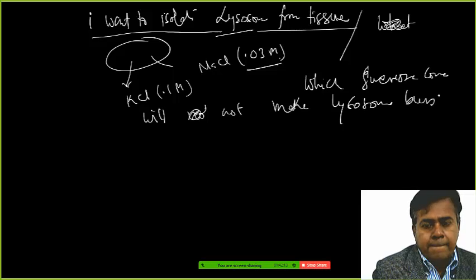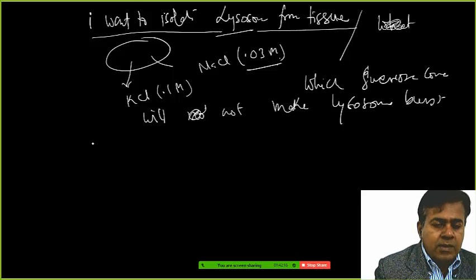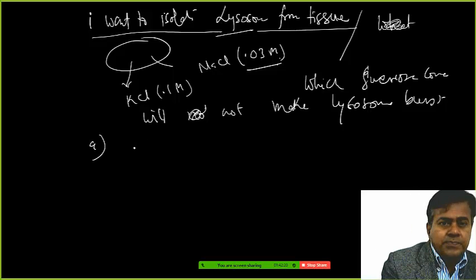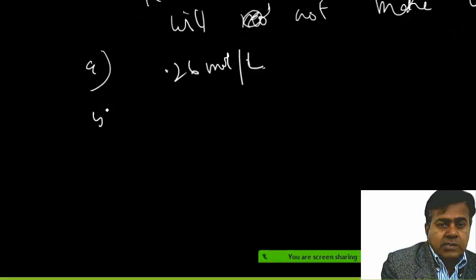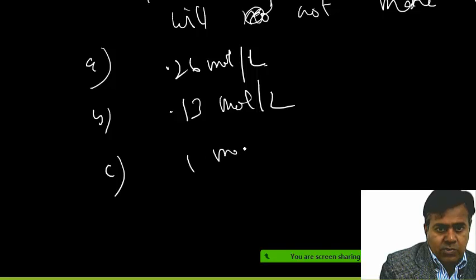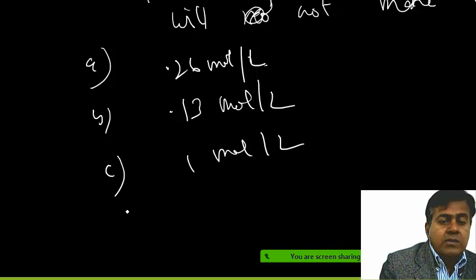So the options are: the first, pi is equal to, concentration should be 0.26 mole per liter, 0.13 mole per liter, 1 mole per liter, or since sucrose molecular weight is 180, we can take 180 mole per liter.